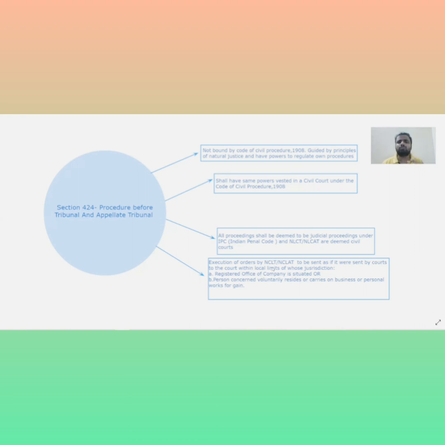So it is just trying to state that whenever an order has to be executed, it has to be submitted as if it has been given by any other court, within the local limits of whose jurisdiction the registered office of the company falls, or where the person concerned, that is the party involved, voluntarily resides or has business or personally works for gain. I hope this is clear.